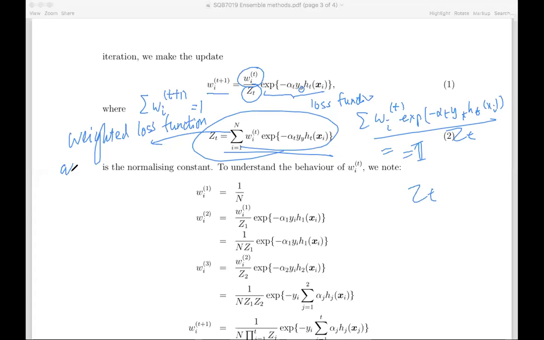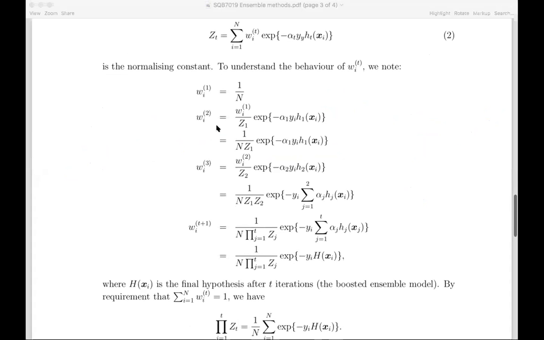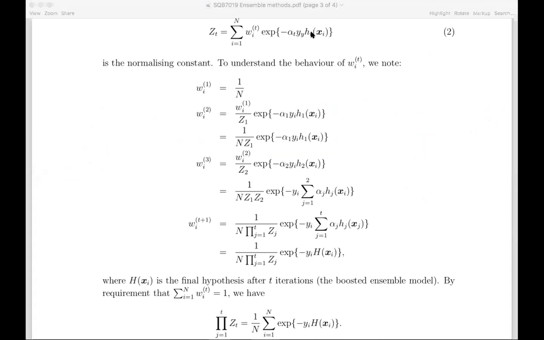Okay, at the t-th iteration, the loss function will also change at each iteration. So you can see the updating here. Let's look at some examples.